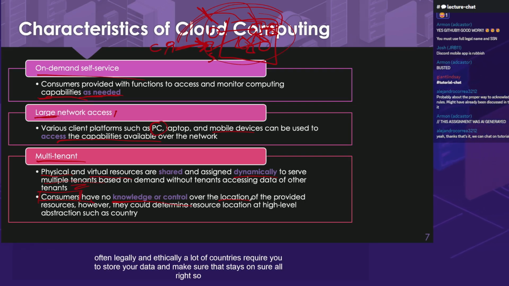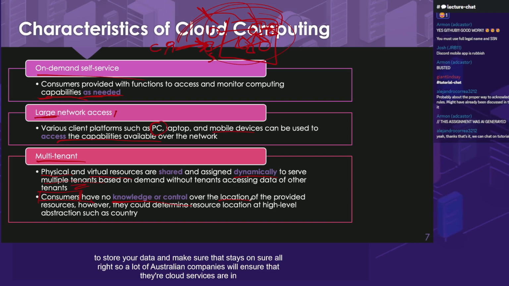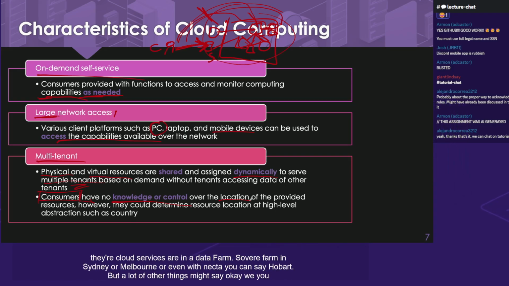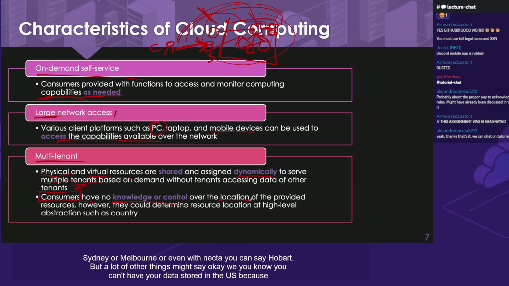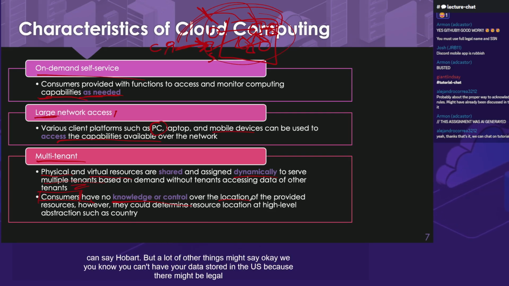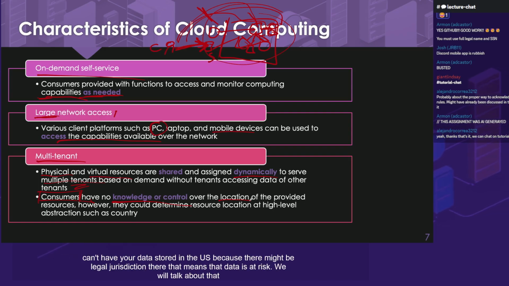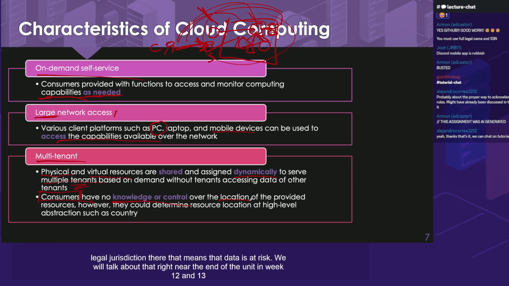So a lot of Australian companies will ensure that their cloud services are in a server farm in Sydney or Melbourne, or even with Nectar, you can say Hobart. But a lot of other things might say, okay, you can't have your data stored in the US because there might be legal jurisdiction there that means your data is at risk. We will talk about that right near the end of the unit in week 12 and 13. So yeah, this is multi-tenant concept as well.